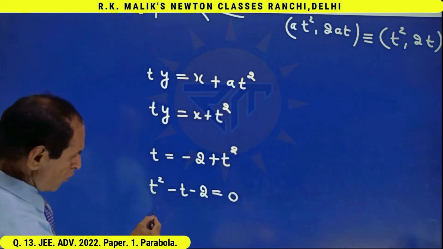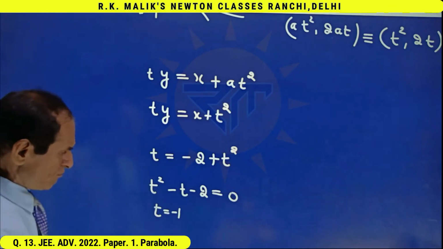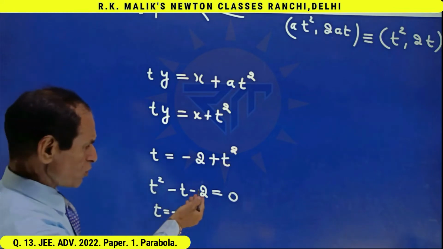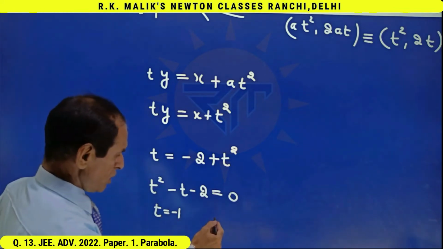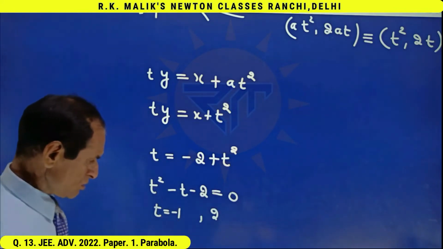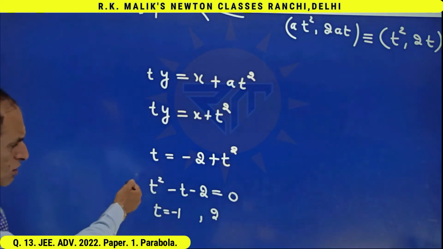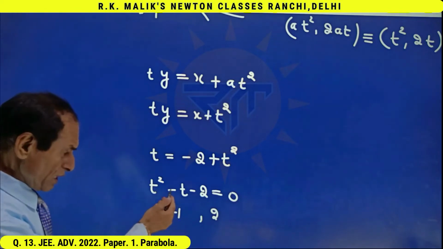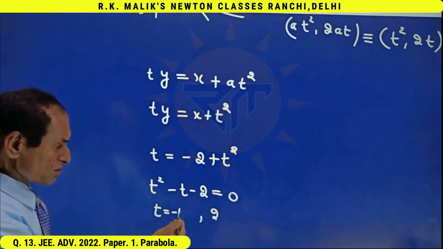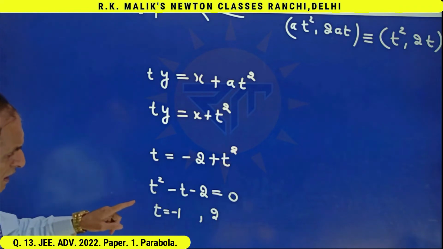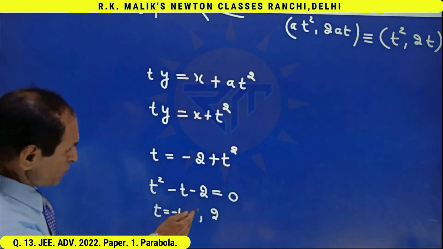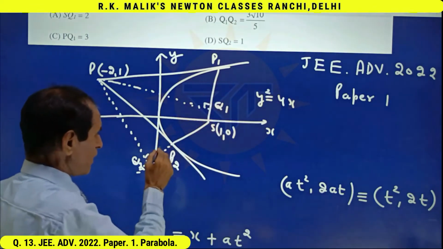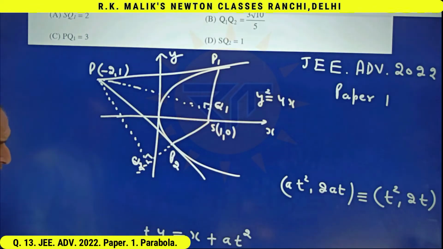Obviously, one root of this equation is minus 1. It is very easy to see. And because the product of the roots is minus 2, the other root automatically becomes 2. Otherwise you can solve it and get these roots, but it is better to be able to find roots directly. Minus 1 and 2 mean the parameter of this point is 2 and the parameter of this point is minus 1.